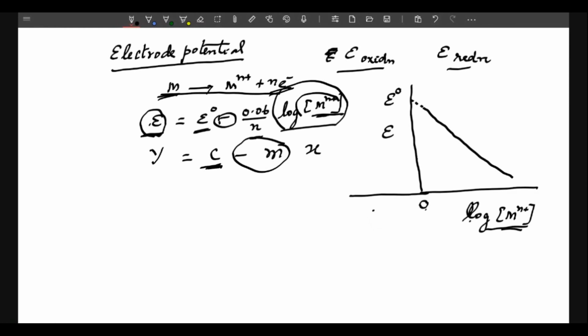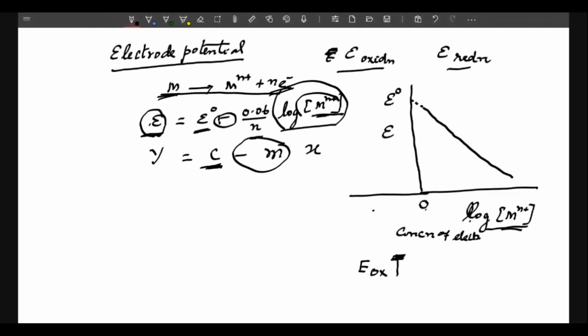Therefore, if you see this graph, in the case of the oxidation potential, what is happening?